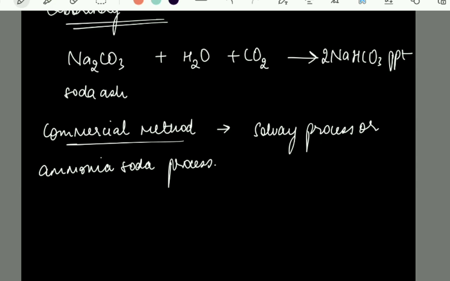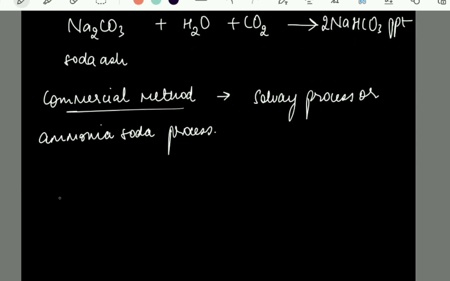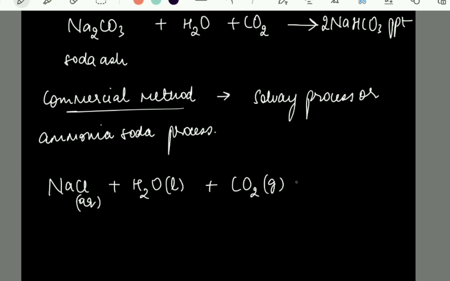Now what we are going to do, we are going to take our same brine solution. See, it's very important, again it's used over here. And we are going to take carbon dioxide and ammonia. So ammonia is a twisted reactant over here, which we never used in the lab.